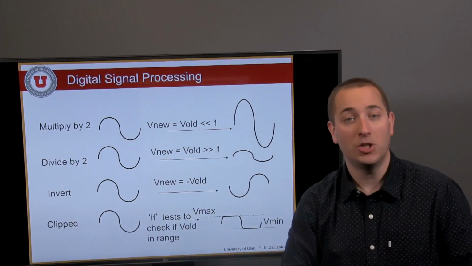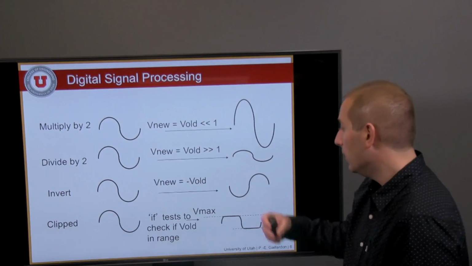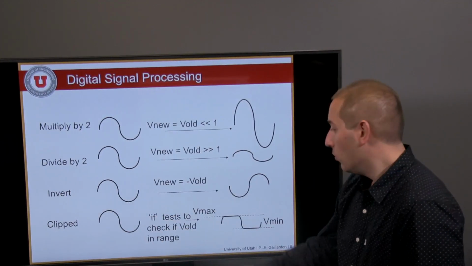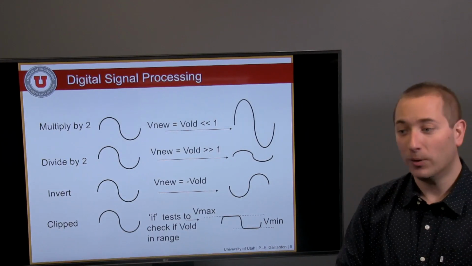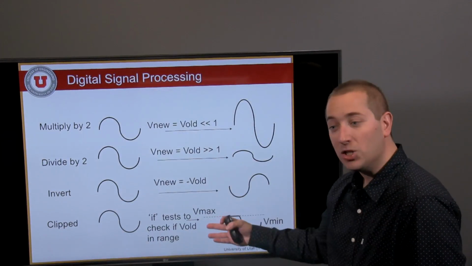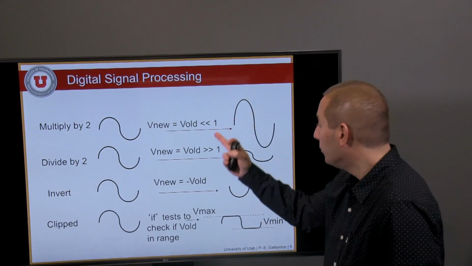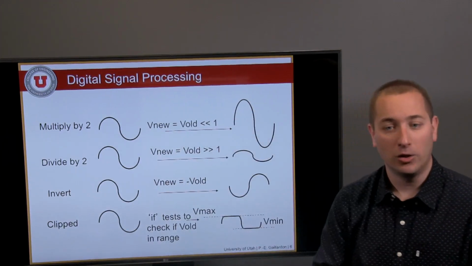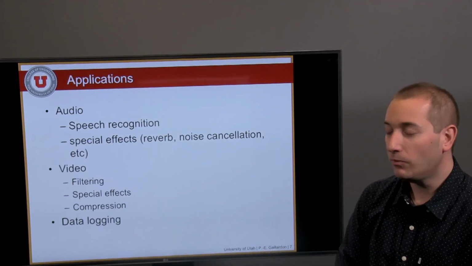An inversion will be just inverting the signal. Clipping a signal will be done by an if test to clip the signal if you go above a given range. So all those operations are actually very simple to do with a simple ALU, but would require more complicated analog circuits to implement in the continuous domain.